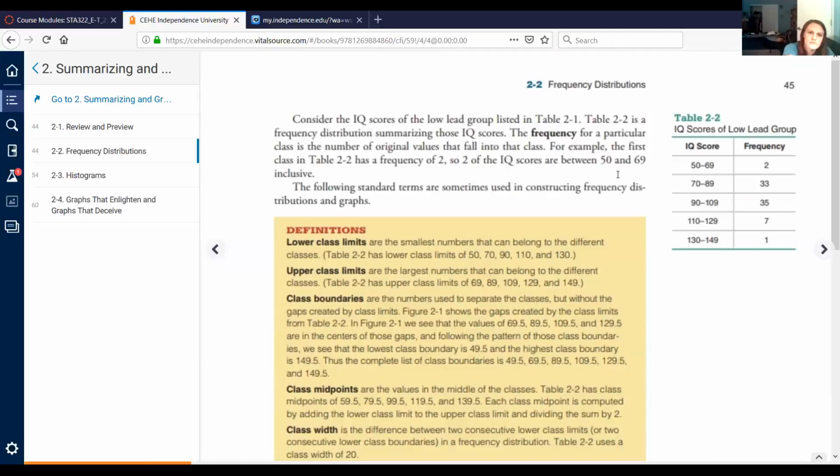But we can look at what we call a frequency distribution, which is to set bands of the data and just tell how many people fall into each.